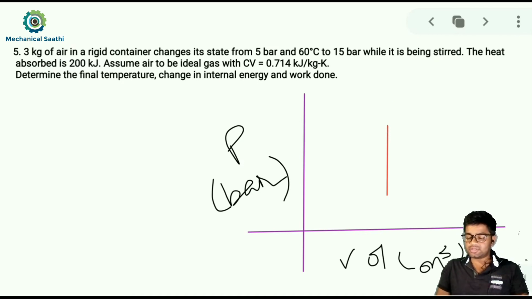Here is our state point 1, where the pressure will be 5 bar, and here is state point 2, where the pressure will be 15 bar.